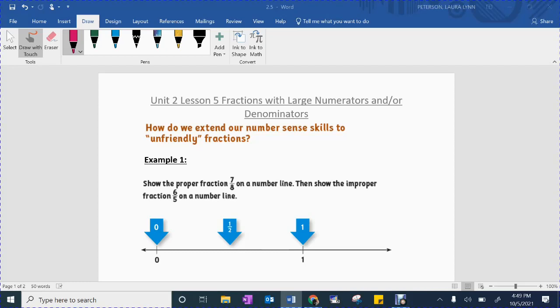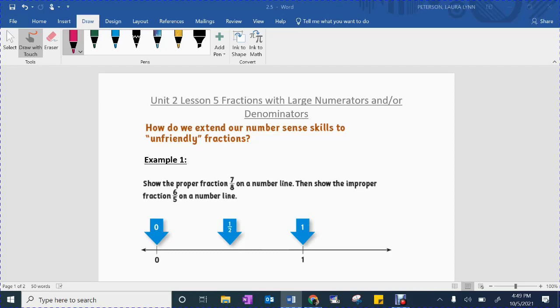So let's just start off with reviewing the last lesson, and we're going to actually draw on our number line where the proper fraction 7/8 will go and where the improper fraction 6/5 will go. Well, let's just remember some things about these proper and improper. A proper fraction is when the top number is smaller than the bottom.